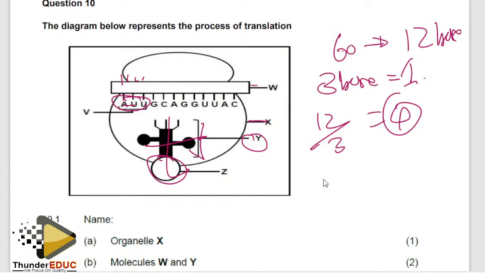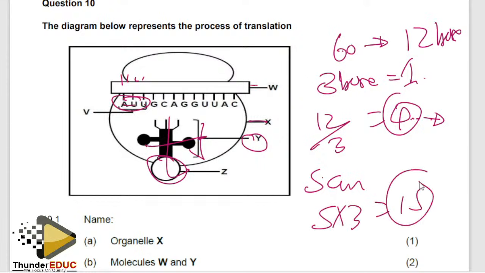How many amino acids in the 4 codons? It's going to be 4, because each codon codes for 1 amino acid. How many bases code for 5 amino acids? Remember, each amino acid is coded by 3 bases. So 5 times 3 gives me 15. So you have to know how to interpret that.